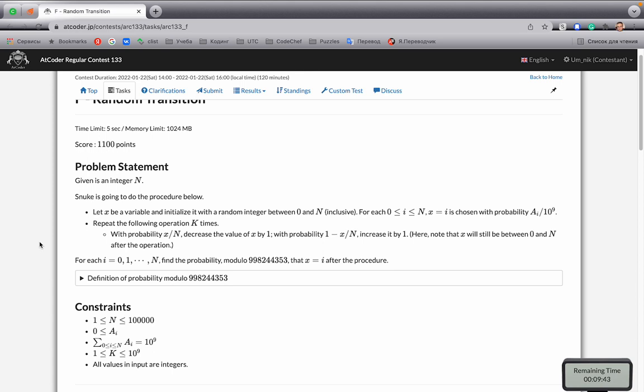It can be seen like we have n toggles, like n lamps.